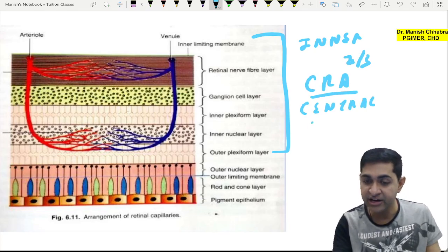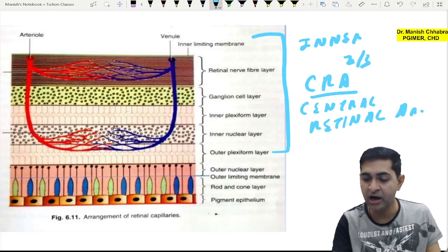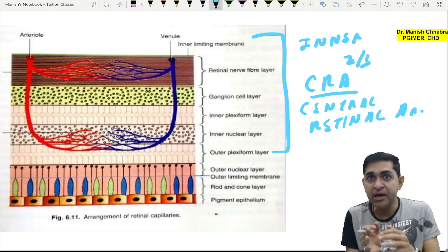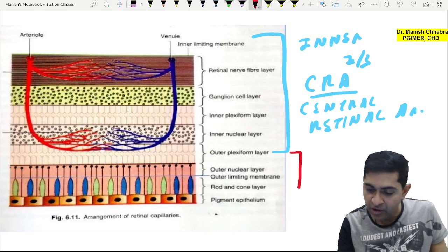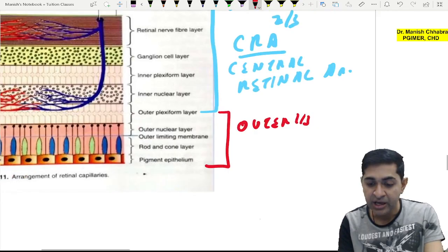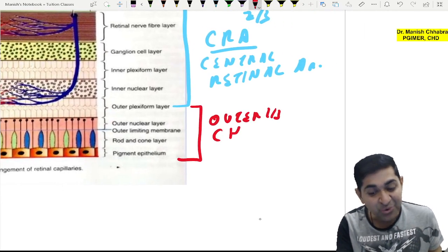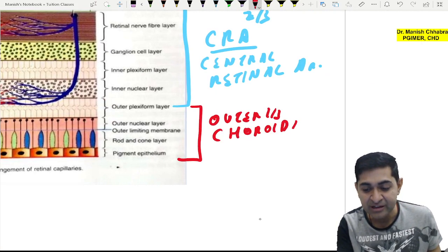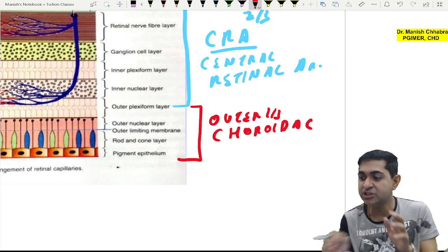guys. Central retinal artery. But the outer 1/3 of the retina receives its blood supply directly from choroidal circulation, the same circulation which was being formed by short posterior ciliary arteries.